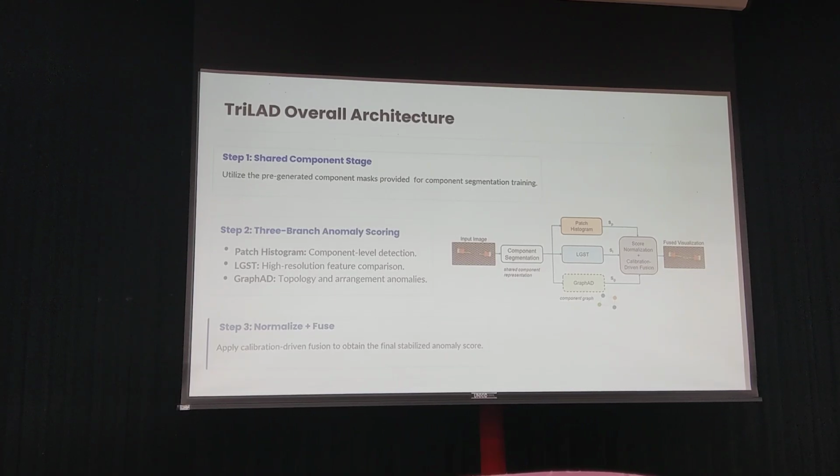Each branch captures component level statistics, feature level discrepancies, and graph AD captures relation level and topology aware information. Third, these scores are normalized and used to produce the final anomaly score. So overall, 3LAD tries to combine component aware, feature level, and relation evidence in one unified framework.